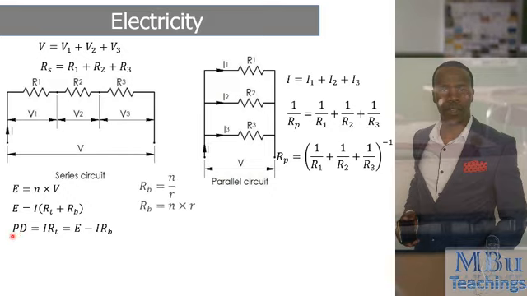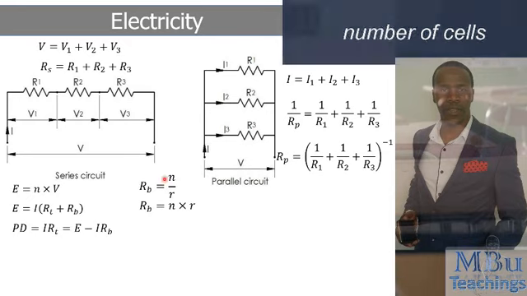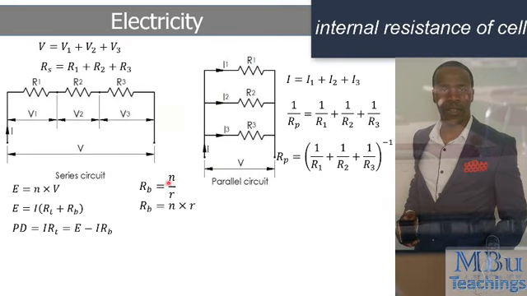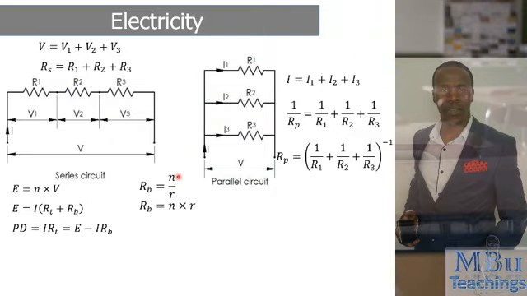Okay, let's move further. Now let's talk about this RB. If your connection is in parallel, then your RB will equal the internal resistance divided by the number of cells. If your connection is in series, when I'm talking about series, I'm not actually referring to the circuit per se, rather the cells.